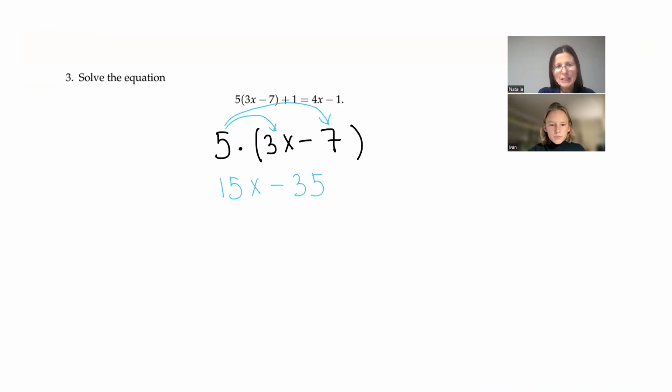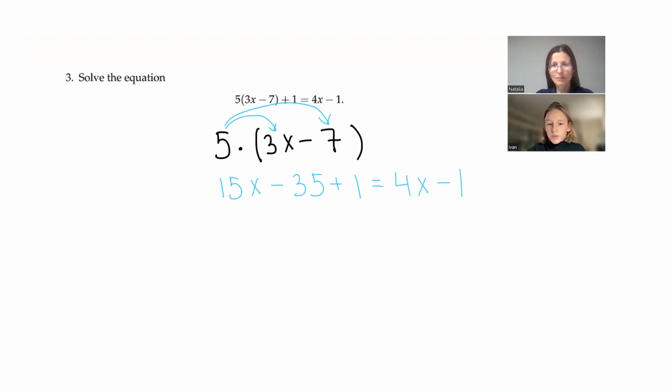Very good. So that's how we got rid of the parentheses. Then we can copy everything else. It was plus 1. And the right side is 4x minus 1. What's next? Now what I would try to do is to get the variables and constants on different sides.